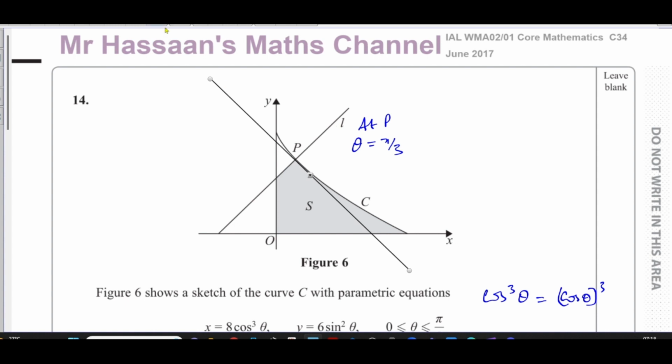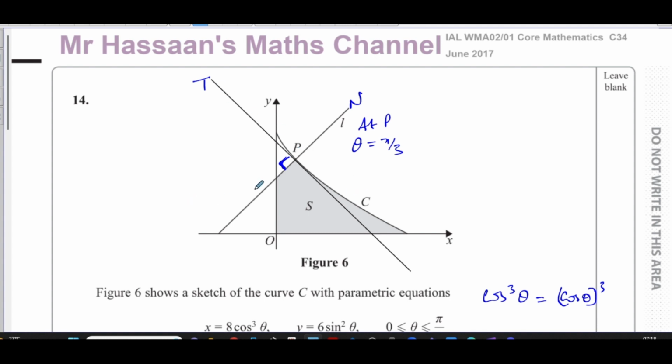The normal to a curve is perpendicular to its tangent. So this is the tangent, and this is the normal.